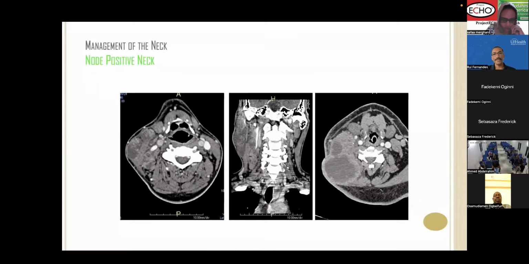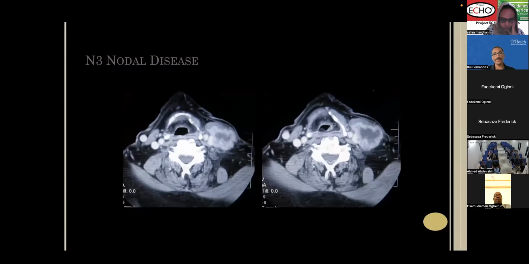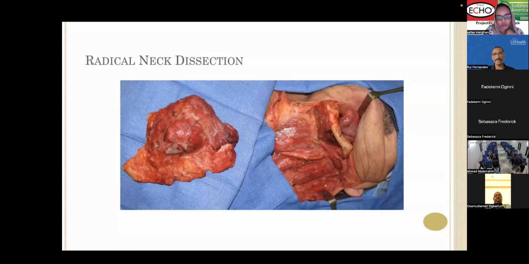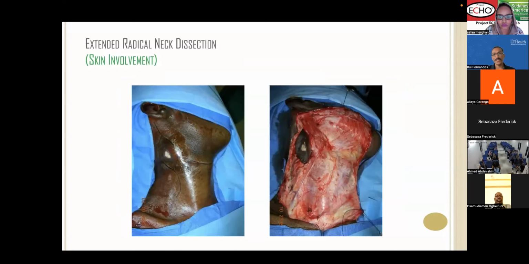And then in terms of how you do the neck dissection, or which patients need a radical neck dissection, it's the typical one with N3 disease, or patients with multiple nodes. And then you can see here again, this is things that we do pretty routinely. The extended neck dissection is anytime that you're doing those things that we talked about, but you're taking in addition to that something else.